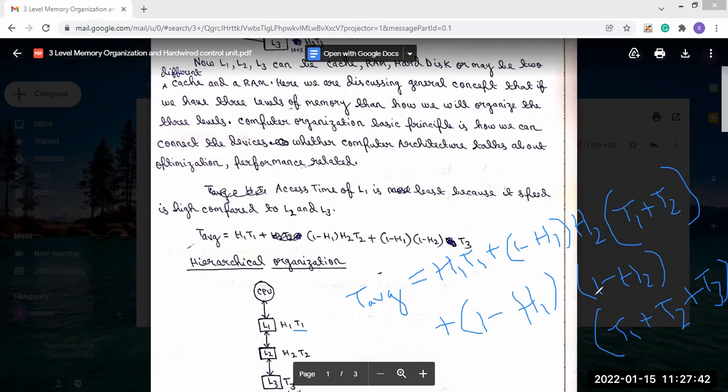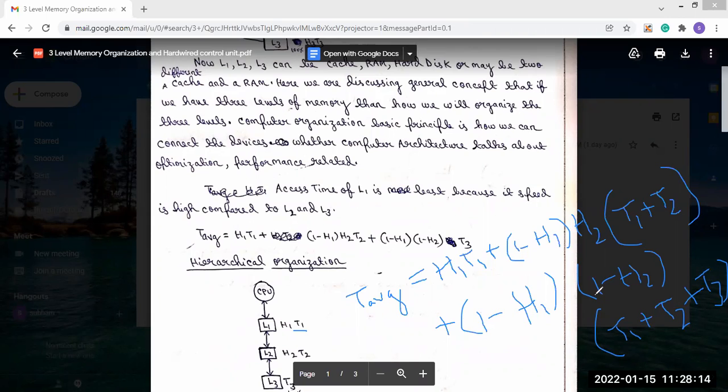You should remember the concept. If you use this conceptual approach, it will be clear to you, and then it is not necessary to remember all the formulas, because it is not possible to remember everything. So step by step, like this, you will prepare it, and by seeing this you will understand and prepare the formula.